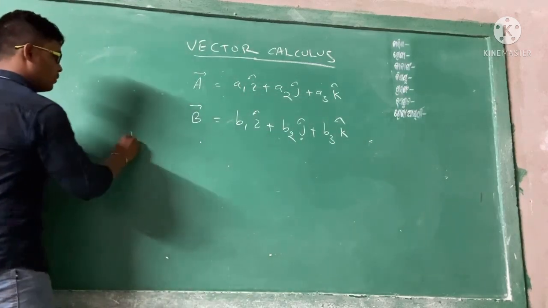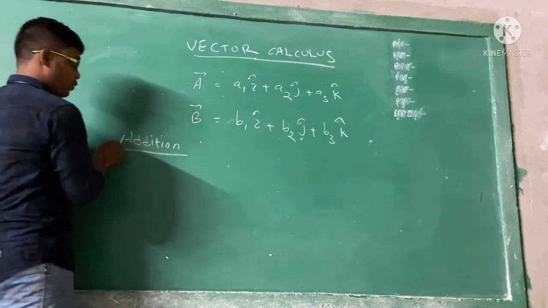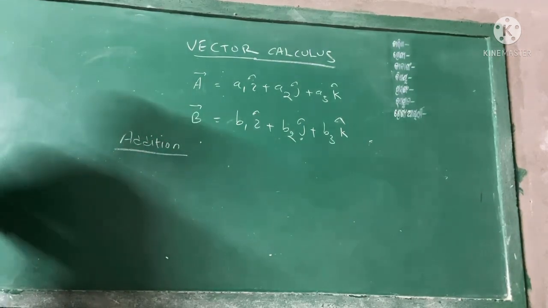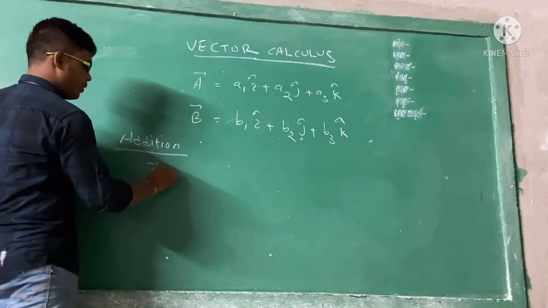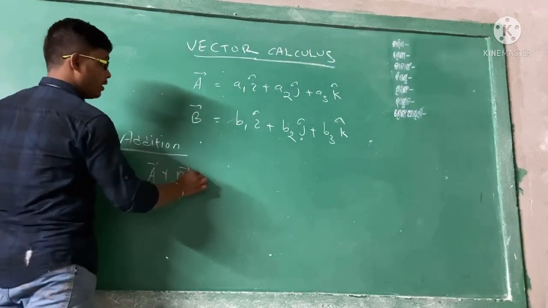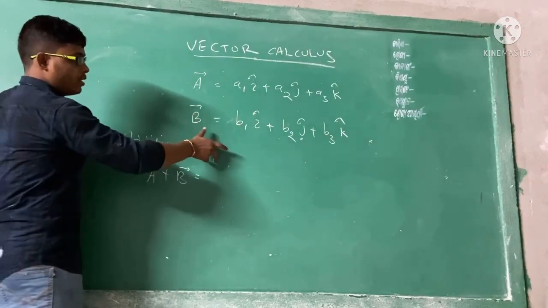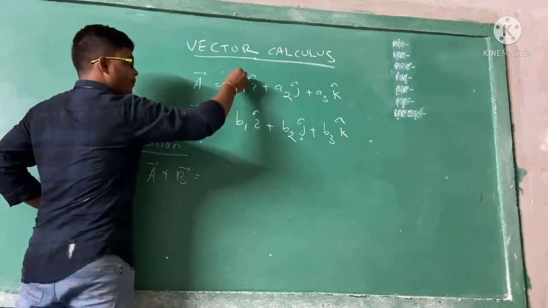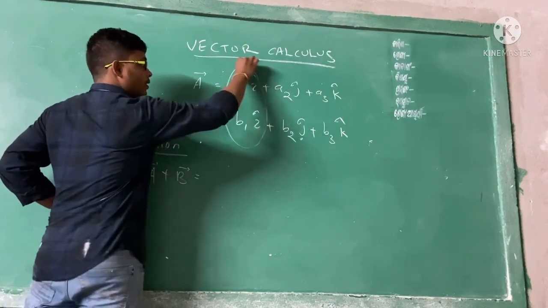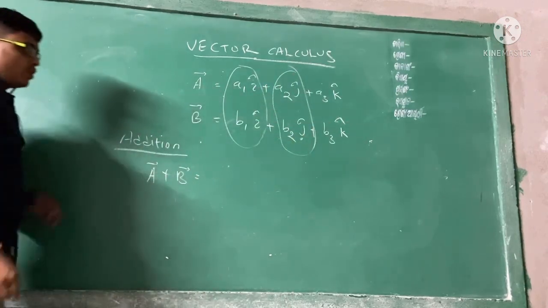So a1, b1, a2, b2, a3, b3 are magnitudes in the x, y, z directions, and remember which magnitude is connected to which unit vector. So let the operation start, that is vector addition. We have to add these two vectors. Remember we have to add the coefficients only.